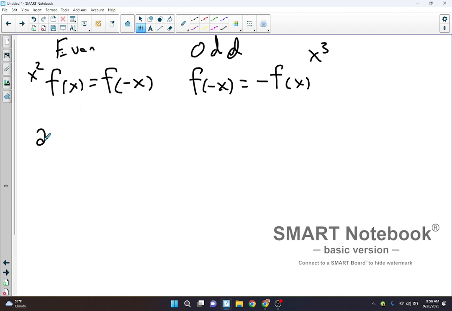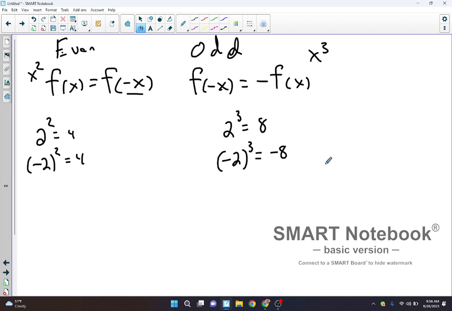So 2 squared is 4. I plugged in a positive number. I got 4. -2 squared is also 4. So plugging in the negative number still gave me the same answer. While odd is saying, let's say 2 cubed is 8. When I plug in a negative version of 2, it should be a negative version of the answer, -8. Okay? So that's what it's saying.